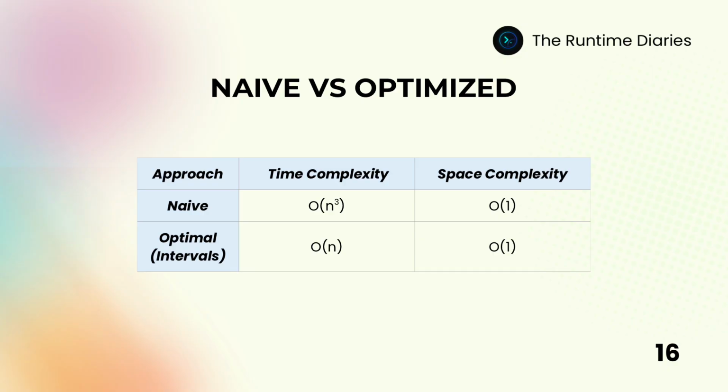The difference between a 3-nested loop and a clean interval merge approach is dramatic. This is the kind of operation that separates a failing solution from a passing solution in interviews. And more importantly, this is the kind of thinking that trains your brain to see structure instead of just trying harder with brute force.